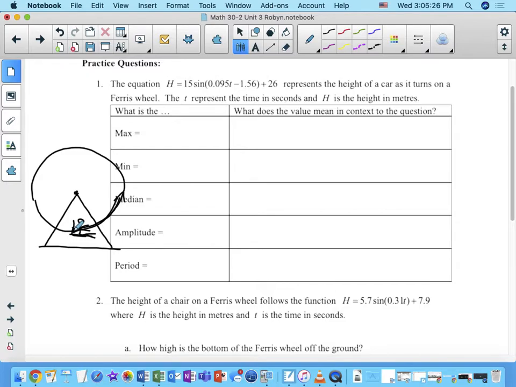Here's the equation. Okay, what is the maximum? Well, let's actually think about this for a second. What's the median or the midline of this graph? 26. Okay, what is that going to correspond to in this picture?